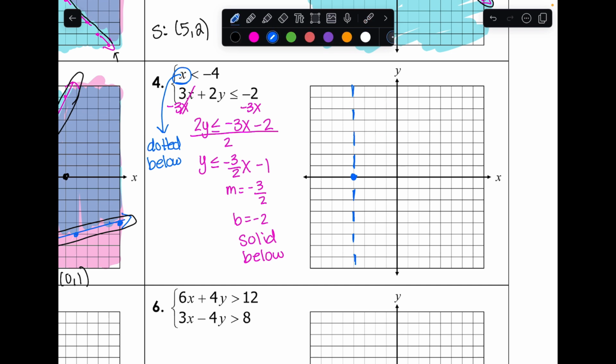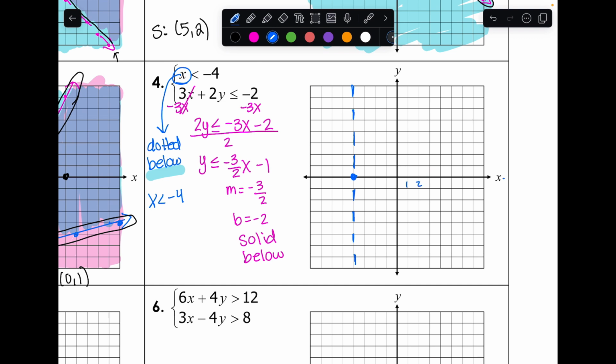Now, where this can be tricky is when we're reading our expression. Technically, our symbol says to shade below, but if we look on our graph, there is no up or down, there is only left or right. So we have to think about what it means for x to be less than -4. If we remember, our axes are just number lines.